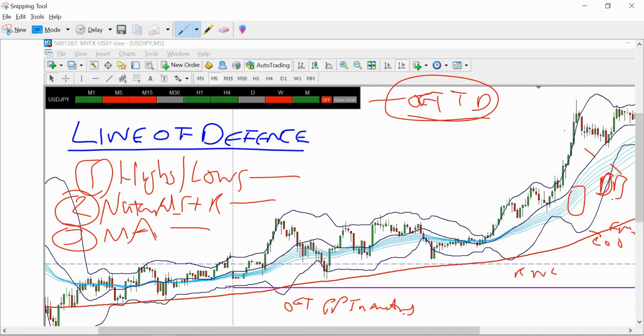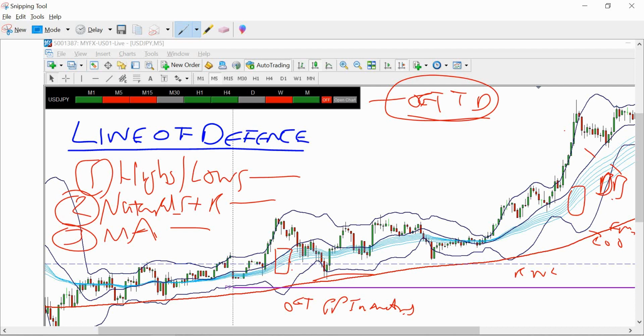But effectively what we are looking for is price to be in a trend, either an uptrend or a downtrend, which in this example of an uptrend is signified by price being above the 200 EMA. The long-term EMAs are all pointing up and stacked in the right order.